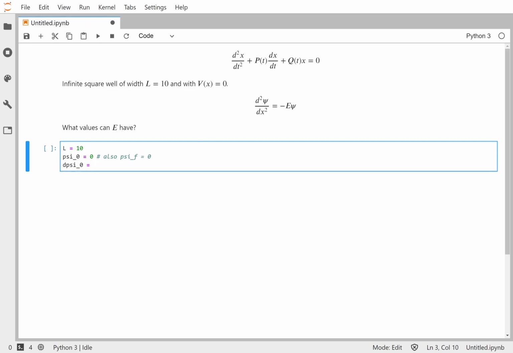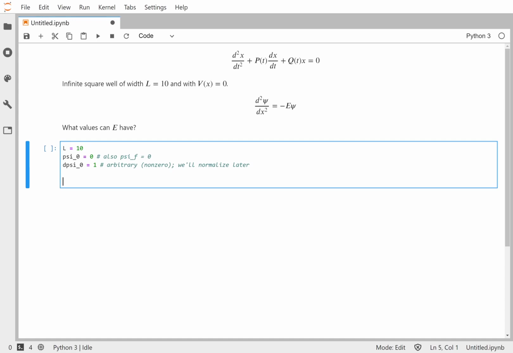Like we say that the area under the curve is guaranteed to be 1. So we just need to make up something here, and then we're going to effectively change the value when we normalize anyway. Now we have to be careful. We don't want to start with psi 0 and dpsi being 0, because that would be a flat wave function that doesn't do anything. We need something non-zero, so that when we scale it, we still have some non-zero result. So this is arbitrary as long as it's non-zero. And that's okay because we'll normalize later.